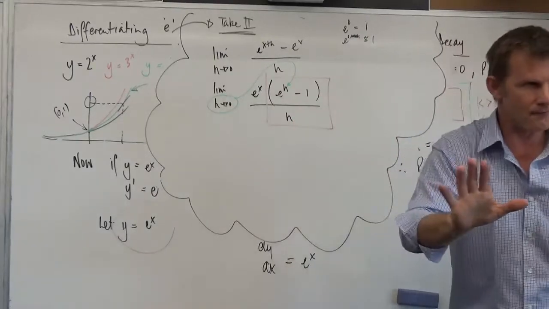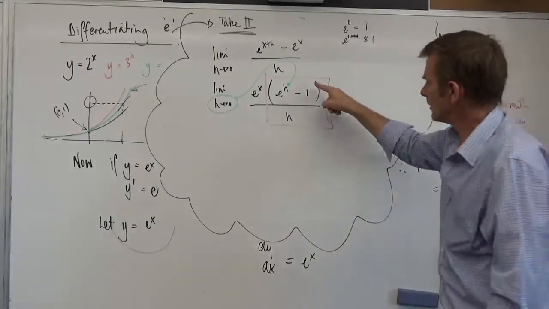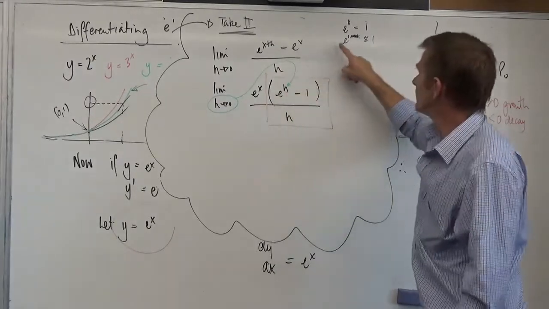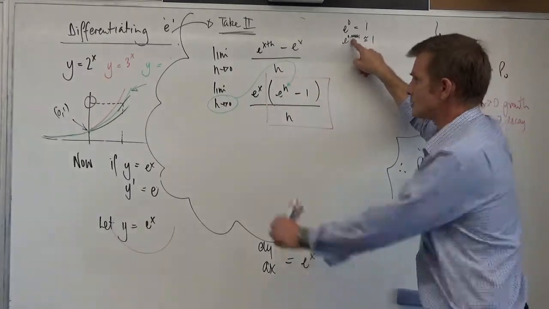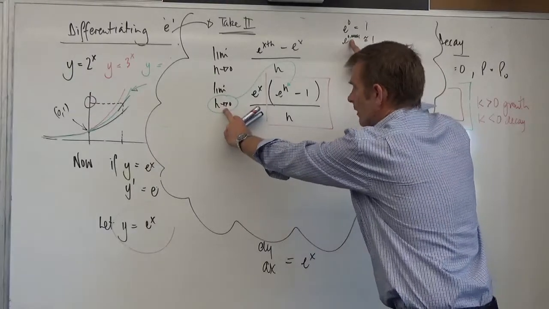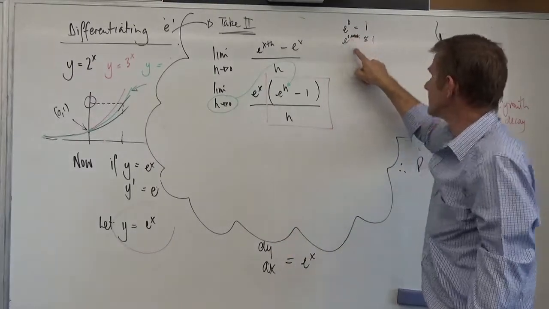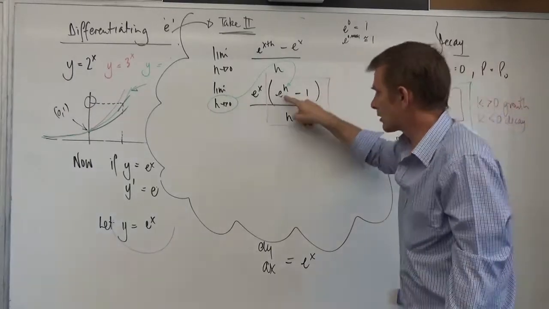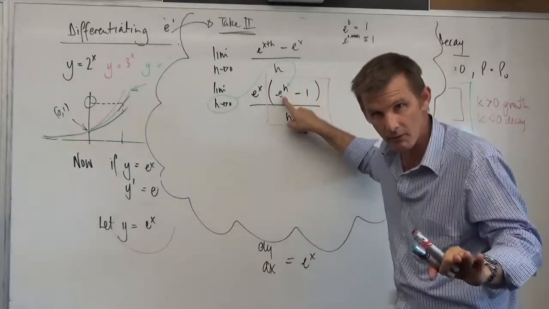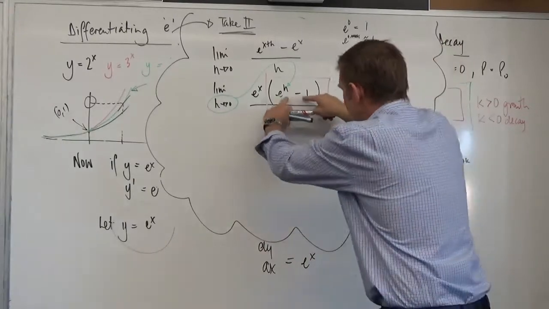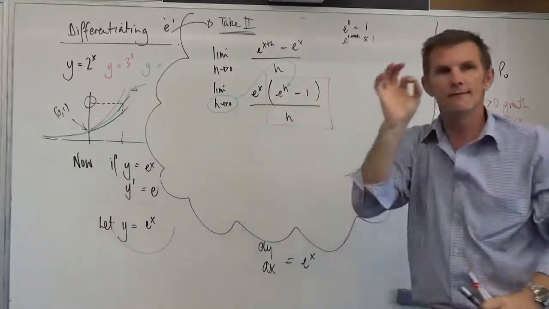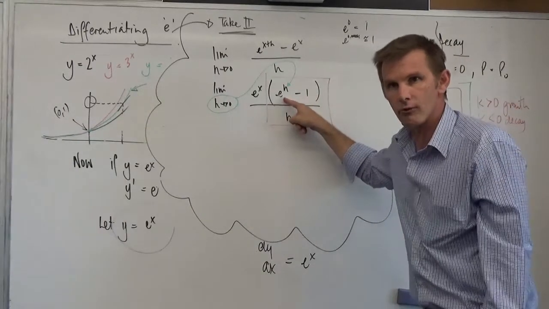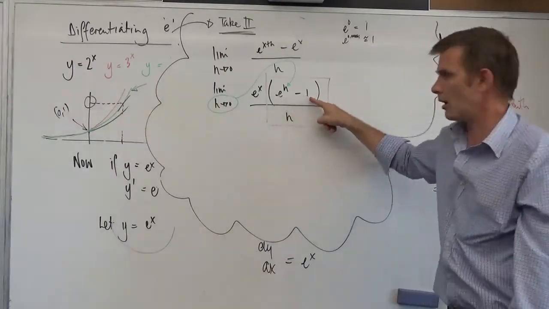I can see a few blank faces and a few, oh yeah. This part here, this bit, is doing this because h is getting smaller and smaller and smaller. So that is getting closer and closer to 1. It's closer and closer to 1, but never equal to 1. So this will be a very, very small number because it's slightly greater than 1 minus 1.